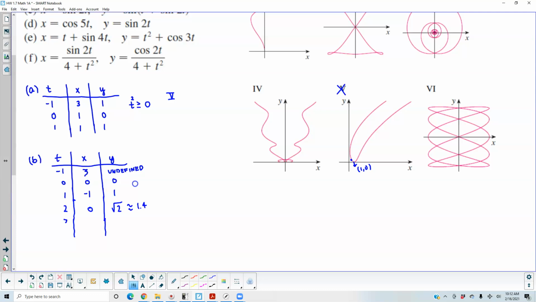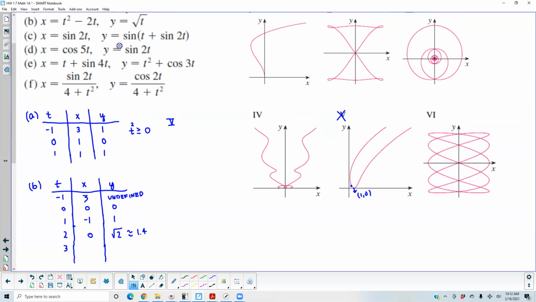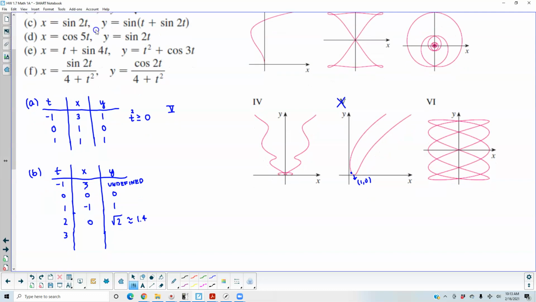Let's try 3. If we put in 3, square it, which is 9, minus 2 times 3, which becomes 6. So that gives us 3. And the square root of 3 is approximately 1.7.